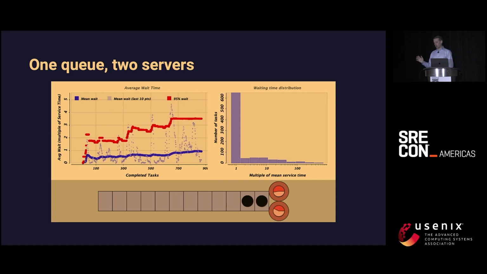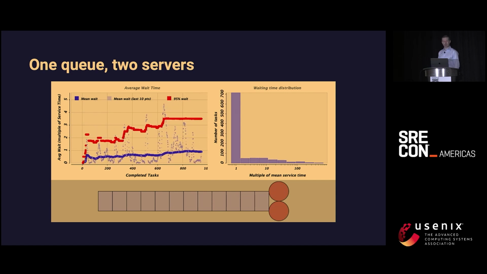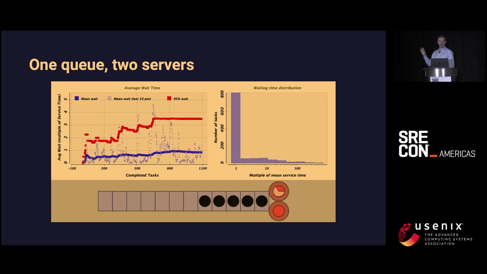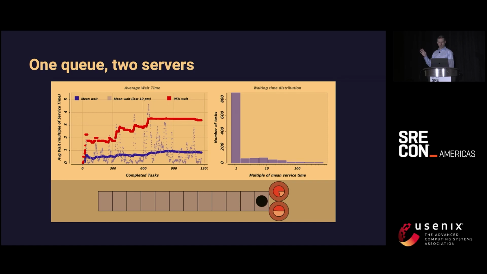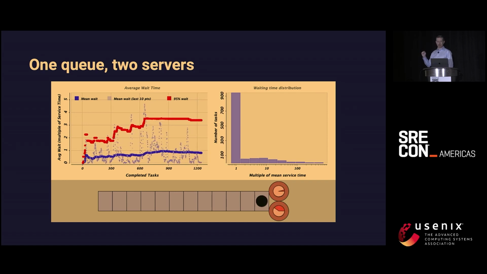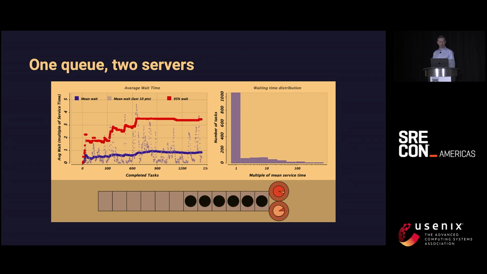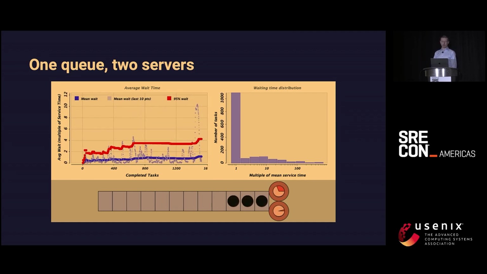And this does use the variable arrival and service times, because that's the most interesting part. So it turns out this is much better than what we saw for an individual server with an individual queue. The average wait is actually close to 1 time the service time versus about 4 for the single queue. And the 95th percentile only gets to around 4 times the service time.